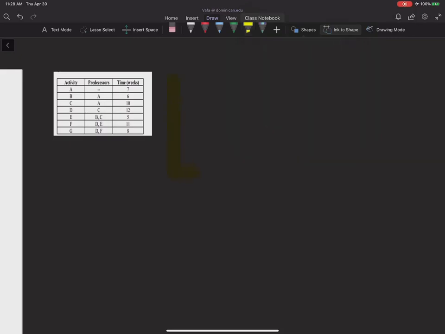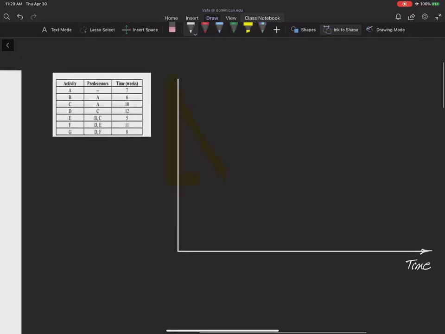So first let's build our Cartesian set. Basically on the y-axis we have different activities, and on the x-axis we will have our time. Okay, so here I have time and here I have different activities.